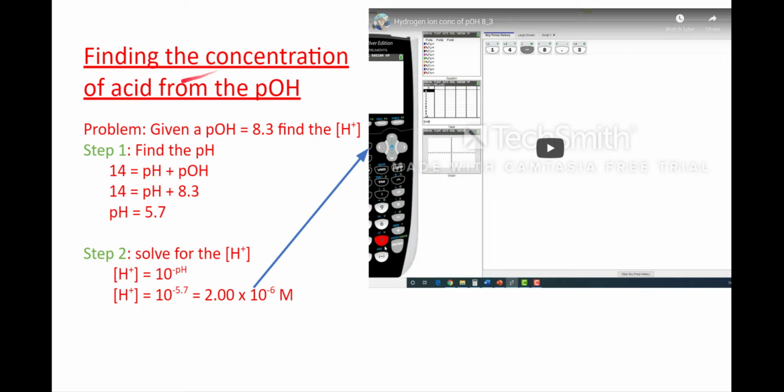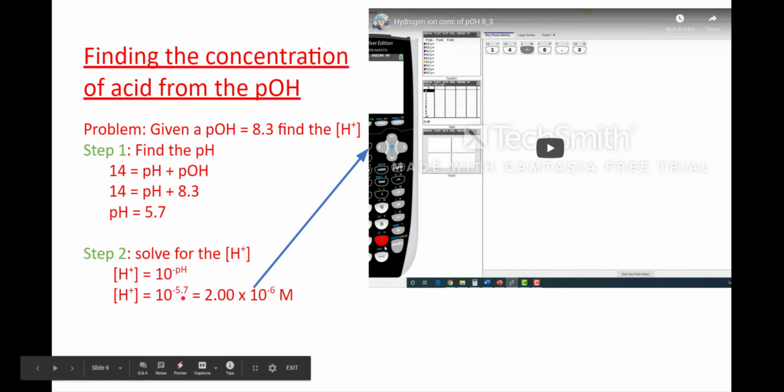If I want to find the concentration of acid, then I'm going to use the previous equation. I'm going to take this value and plug it into 10 to the minus pH. So the hydrogen ion concentration is going to be equal to 10 to the minus 5.7.